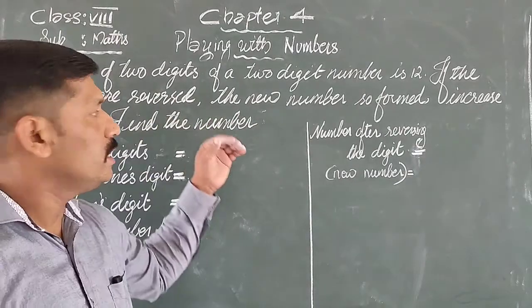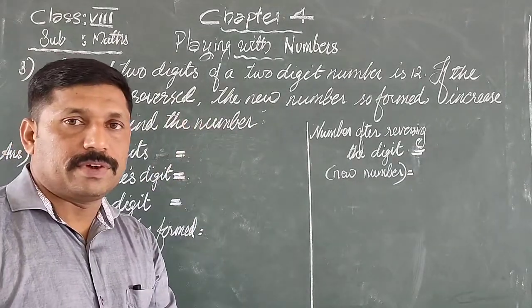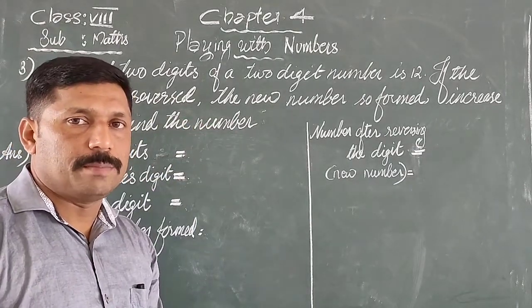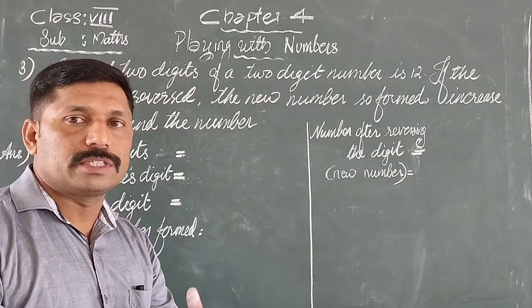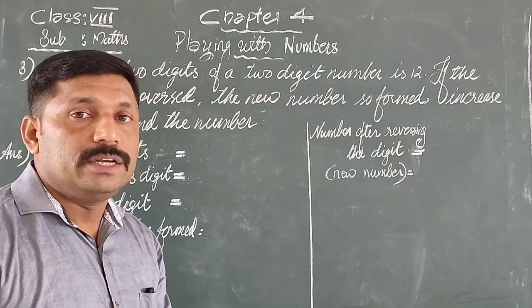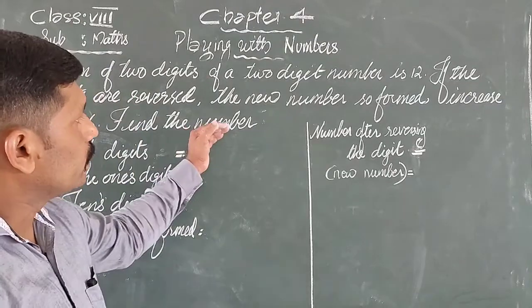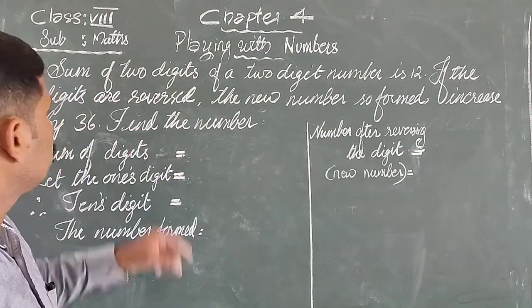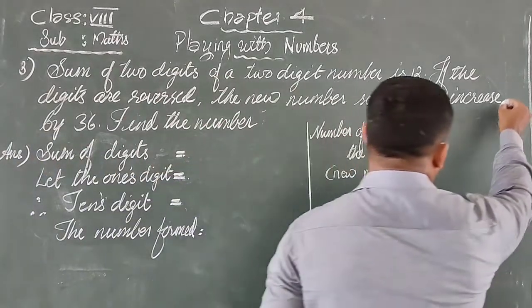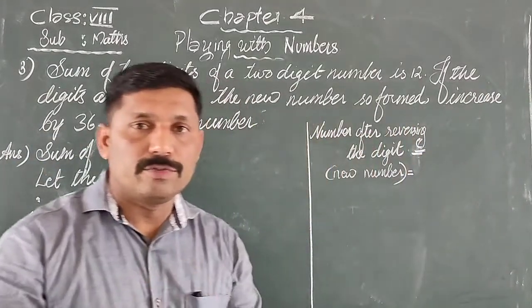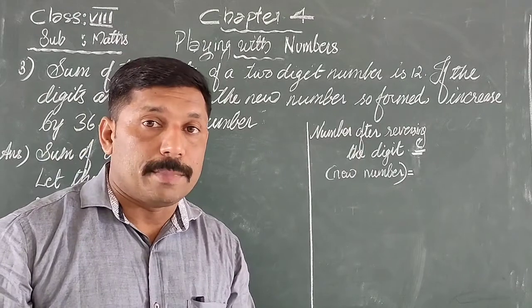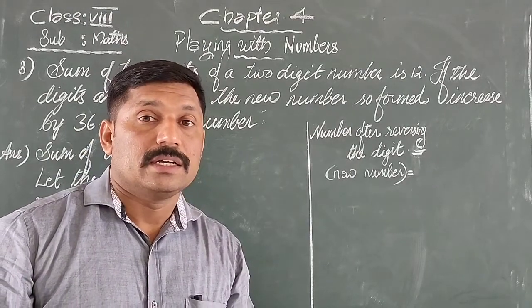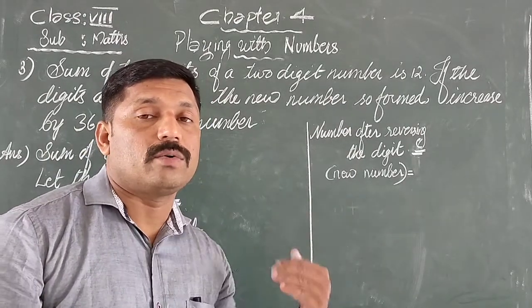If the digits are reversed, we get a new number, and the new number is increased by 36. So when we reverse the number, the new number we get is 36 more than the original number.